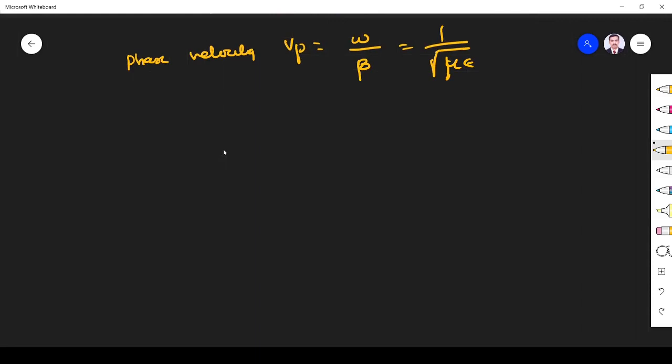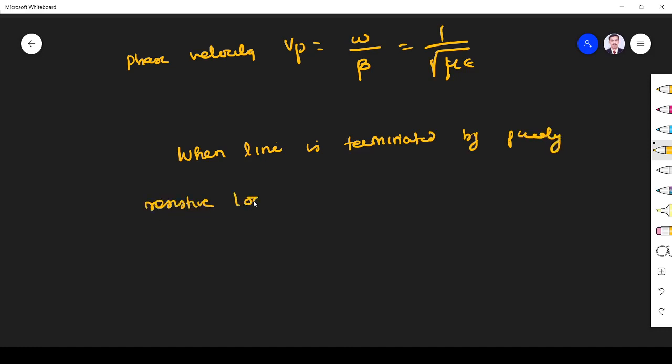The next thing we should remember is what happens when a line is terminated by a purely resistive load.